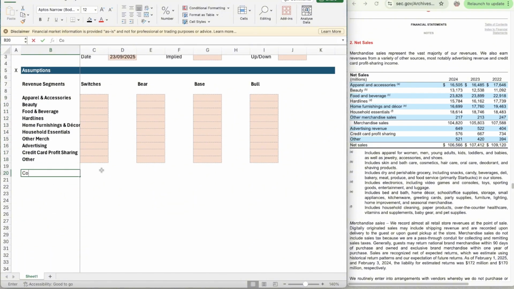Then we need net income. Instead of the EBIT and the operating income, we're going to use net income.